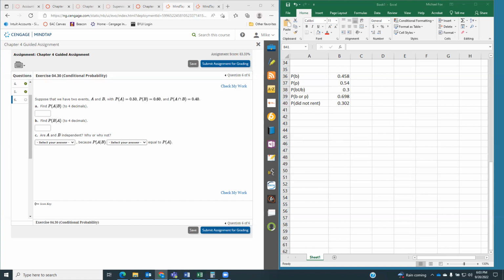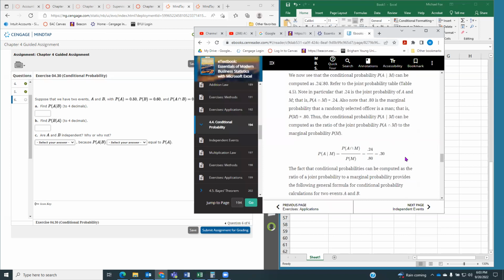Unfortunately, they use M in the book here. So the probability of A given M is the probability of the intersection of A and M divided by the probability of M.